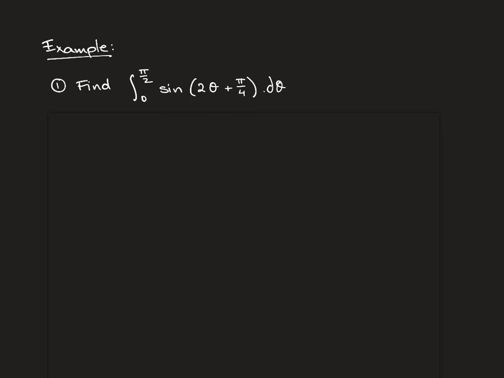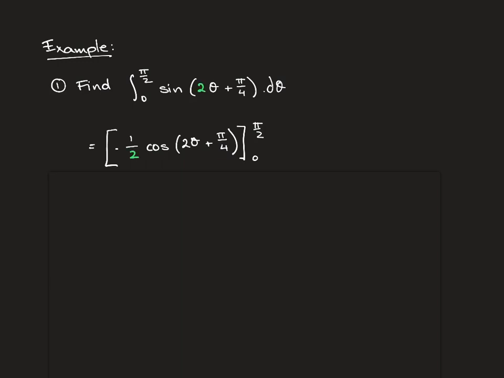So our first step is, of course, to find an antiderivative for this function using our pattern. And so our antiderivative, the value that comes out the front is the a value, which is the 2.